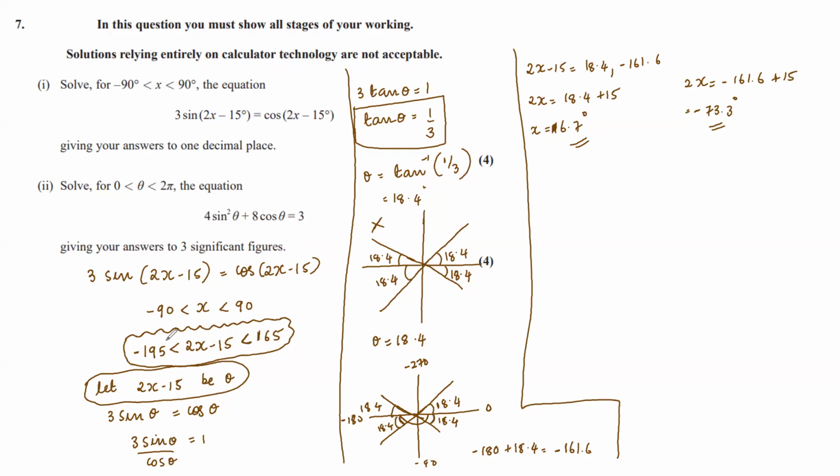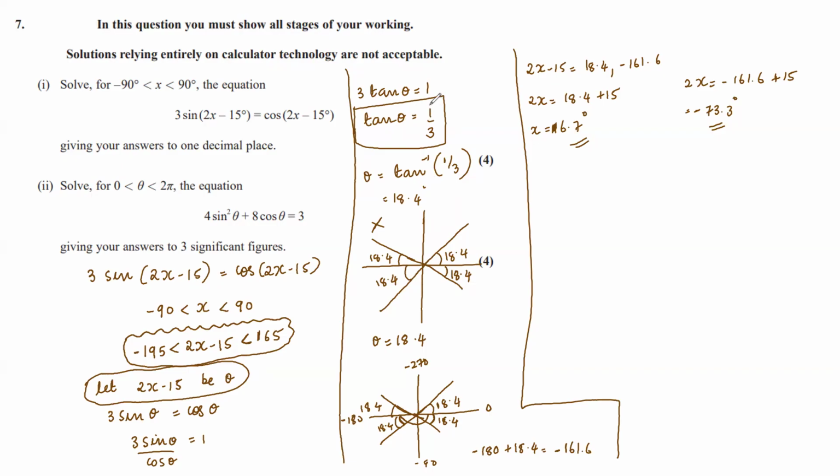And for x, when you substitute minus 90, you will get minus 195. And let's consider 2x minus 15 as theta. And we solve that, we get tan theta as 1 by 3. First value we will be getting from calculator, that is theta is equal to tan inverse of 1 by 3, which you will get as 18.4.